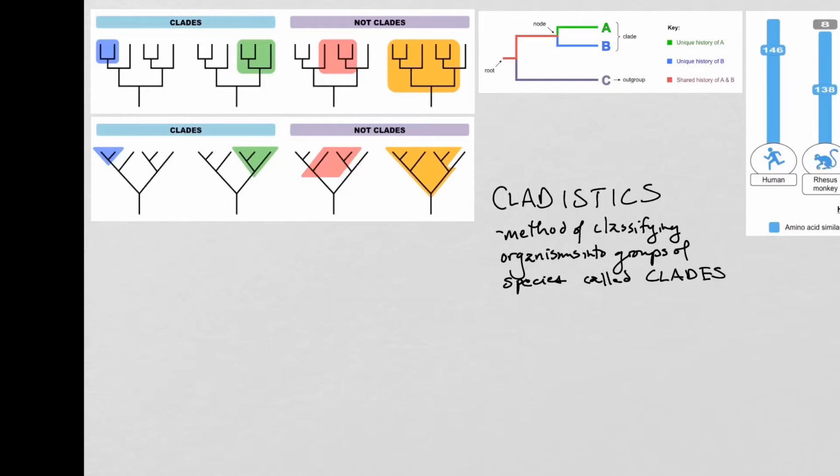So each clade isn't just like one common group of organisms, but it also consists of their ancestors as well. So it's ancestral organisms and their evolutionary descendants. So all of the things that have come after them as well.